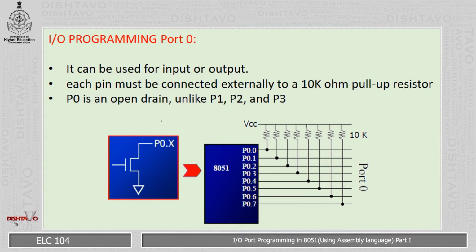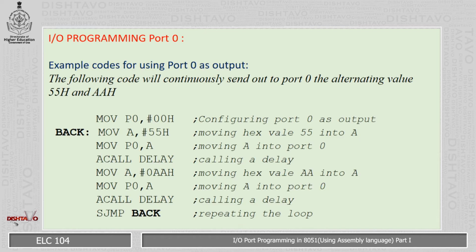In order to get them to one particular high value, we have to connect an external pull-up resistor. You can see in the diagram that the pull-up resistors are connected to each and every pin of port 0, and they have to be supplied to VCC because I have to pull them to the high state. High state means logic 1. Port 1, port 2 and port 3 do not require external pull-up resistors. Please keep this in mind.